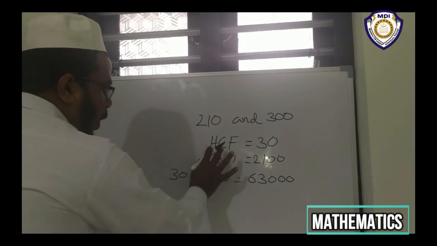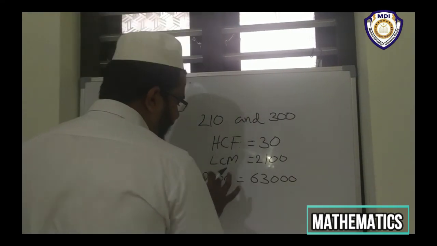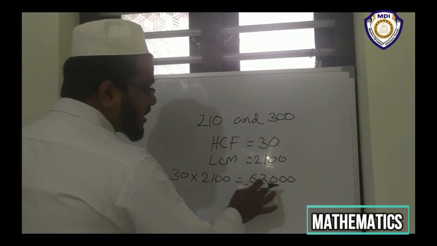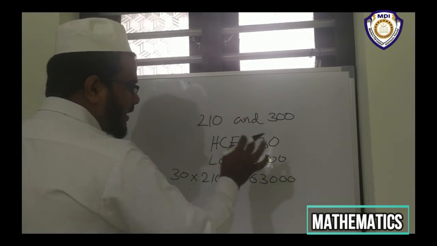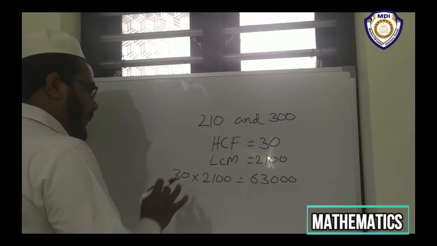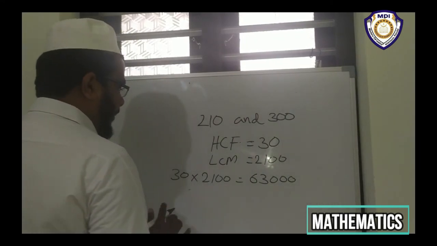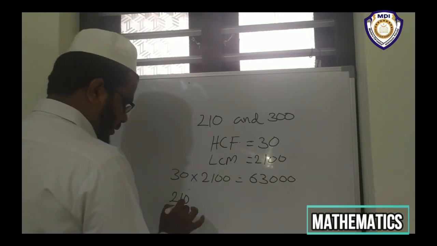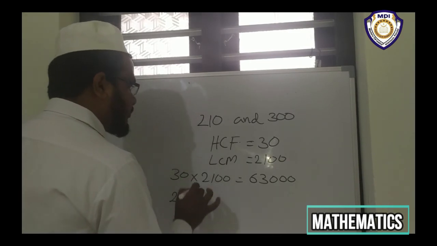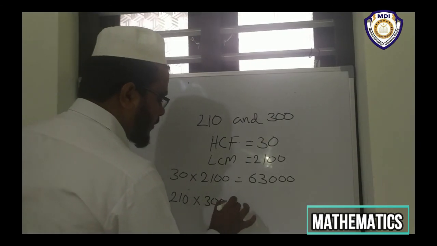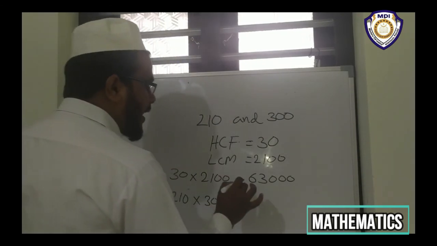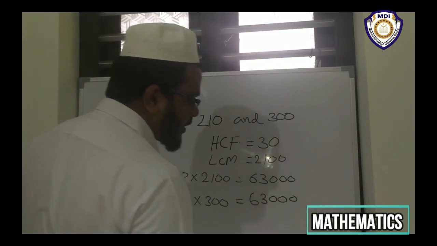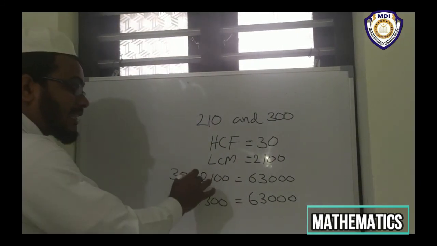The product of HCF and LCM is equal to 63,000. Then the product of the given numbers, 210 into 300, is equal to the same 63,000. That is the relation.